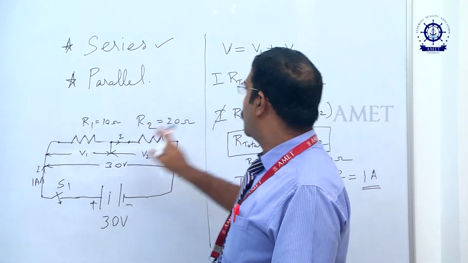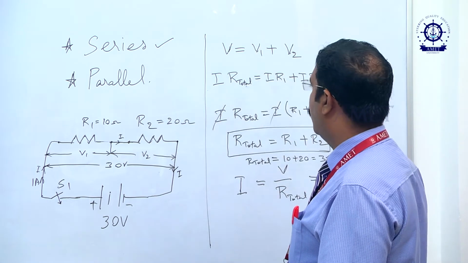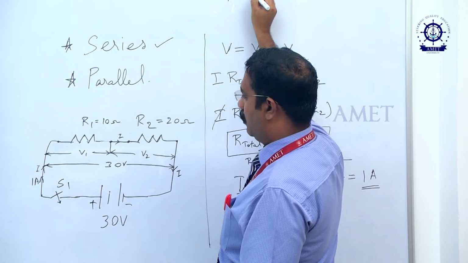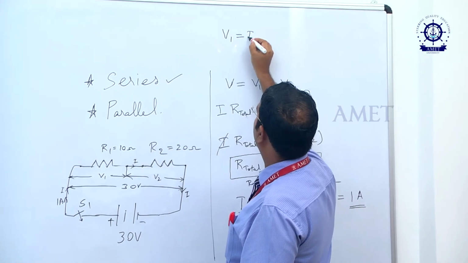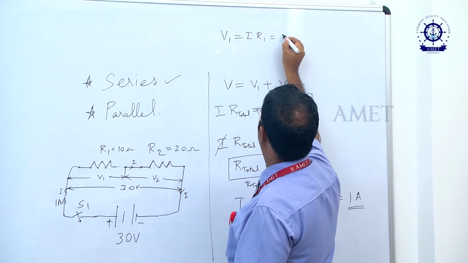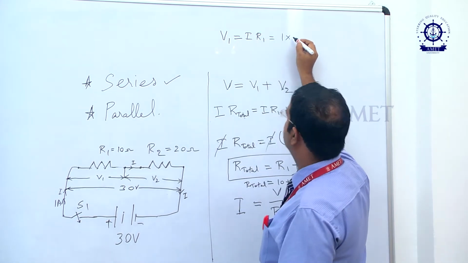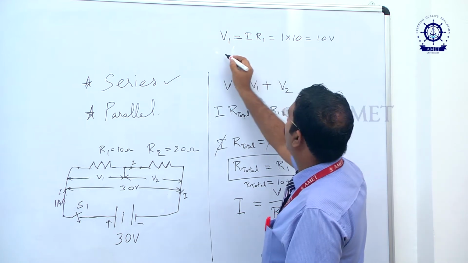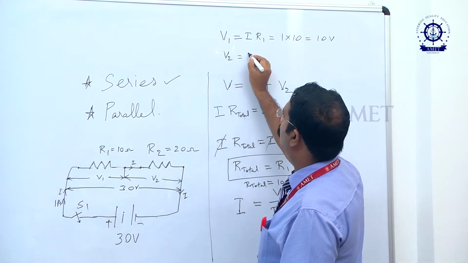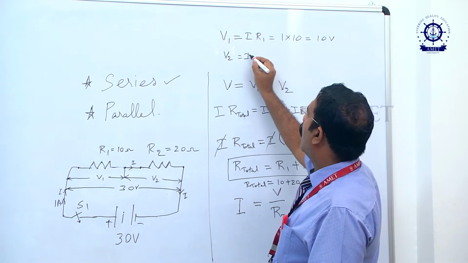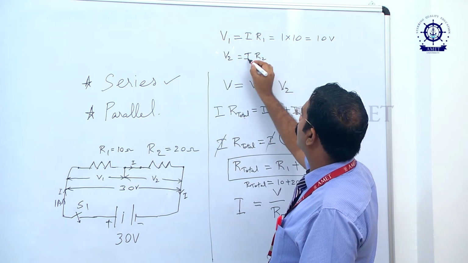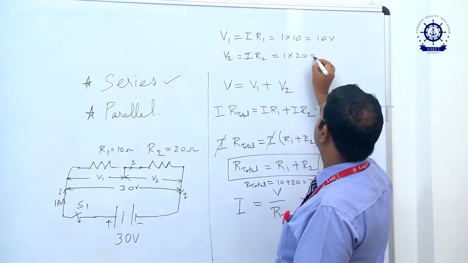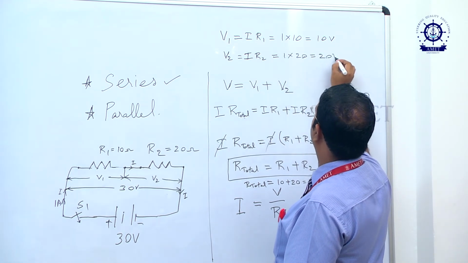That means once again, from this equation I will be finding out the voltage V1. V1 is equal to I into R1, which is equal to 1 into 10 ohm, which is equal to 10 volt, and V2 will be equal to I into R2, which is equal to 1 into 20, which is equal to 20 volt.